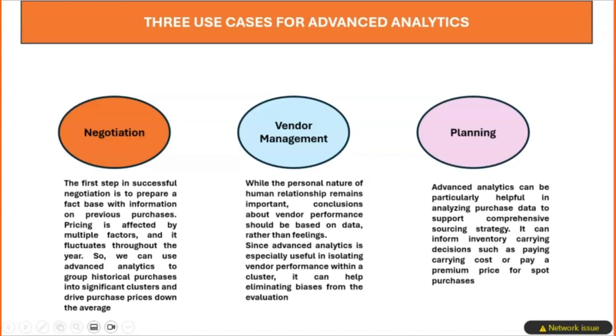The procurement team can then make a data-driven decision about whether to pay the carrying cost for additional inventory or pay a premium price for spot purchases, after comparing the cost of hiring or renting warehouses or the cost of paying workers to supervise the stock.